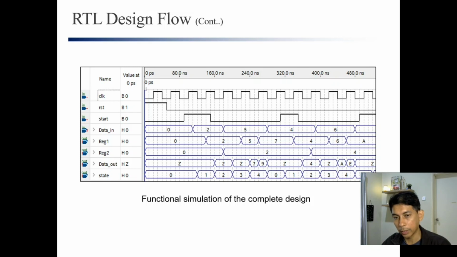We will start with the algorithm, and from the algorithm we will design the circuit using RTL design methodology, and we also will measure the performance of our circuit. We will look at the speed of our circuit, the power consumption of the circuit, and so on and so forth, and the size of the circuit as well. All of this we call the performance metrics of the design.